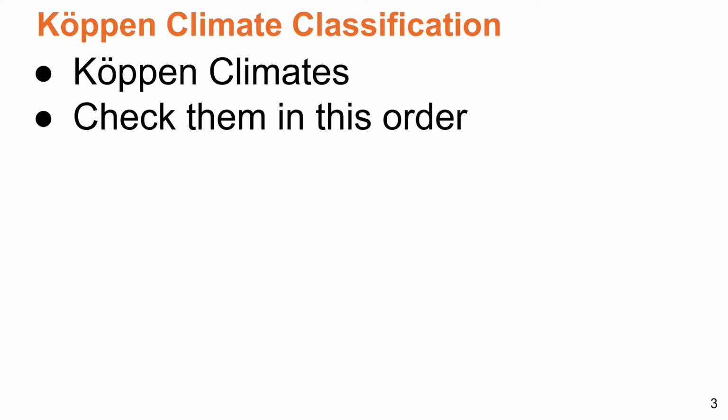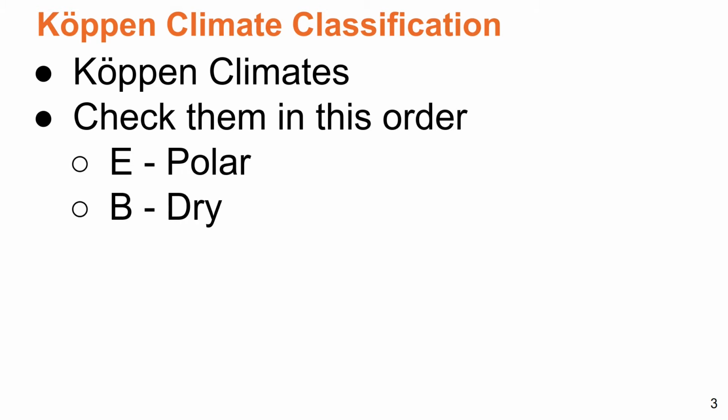So as you're going through the Köppen climates, remember it's a flow chart, and you have to check them in order. Is it a polar climate? Is every month under 10 Celsius? If it is, it's a polar climate. Let's figure out what it is. If it's not, then you have to check to see, is it a dry climate? Does it meet the criteria for being a dry climate? If it does, then we've got to figure out what kind of dry climate it is.